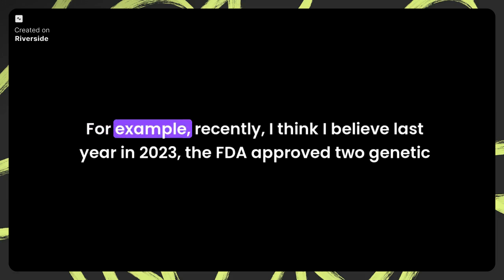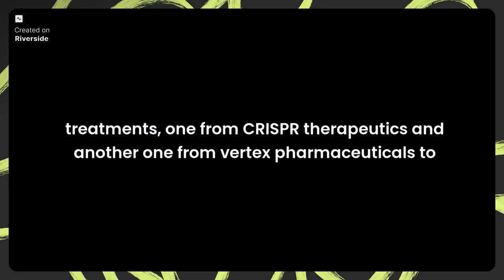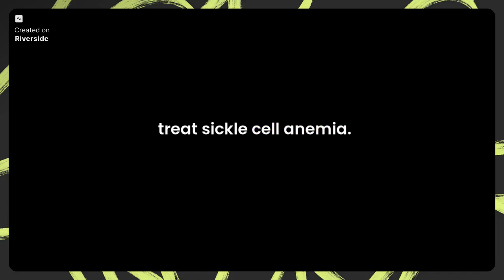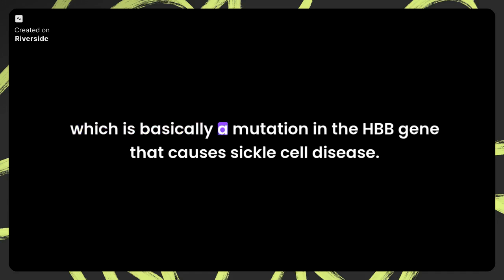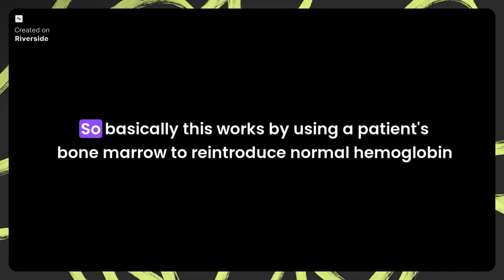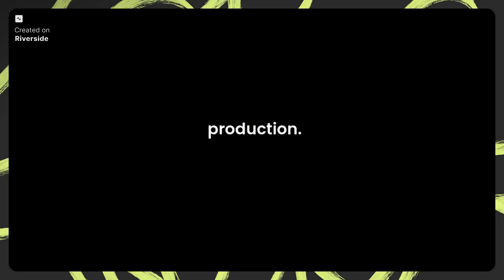For example, last year in 2023, the FDA approved two genetic treatments, one from CRISPR Therapeutics and another from Vertex Pharmaceuticals, to treat sickle cell anemia, which is caused by a mutation in the HBB gene. This works by using a patient's bone marrow to reintroduce normal hemoglobin production.